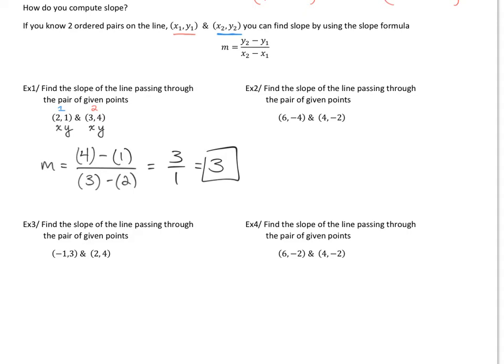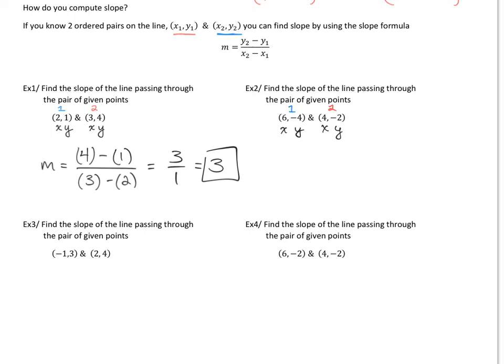In example 2 over here, I'm going to do this in red. Again, you are asked to find the slope of a line passing through the pair of given points. So I'm going to call (6, -4) point 1 and (4, -2) point 2. Each of these has an x and a y value.